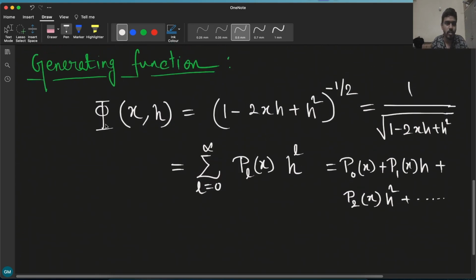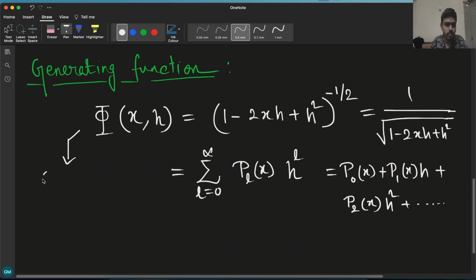So this phi is called the generating function of Legendre polynomial.